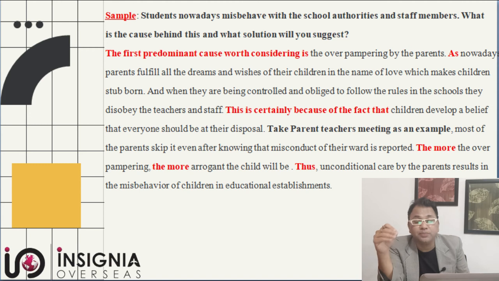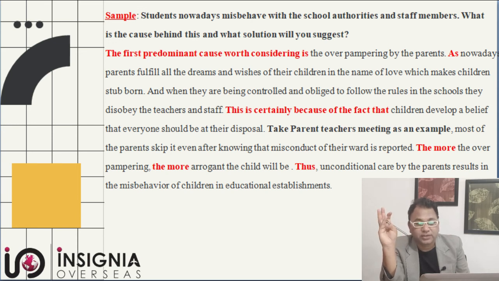I'm at the last part of the BP, which says outcome or the result of the body paragraph, which can be used with different structures like thus, therefore, as a result. So I'm using thus here. Thus, unconditional care by the parents results in the misbehavior of children in educational establishments. And that's the end of my body paragraph.